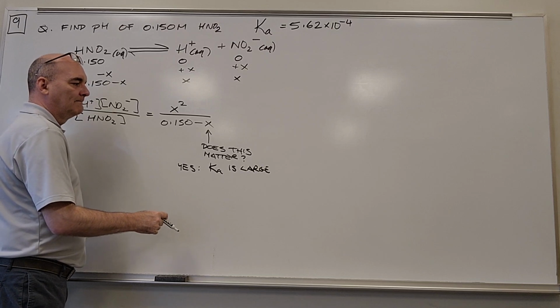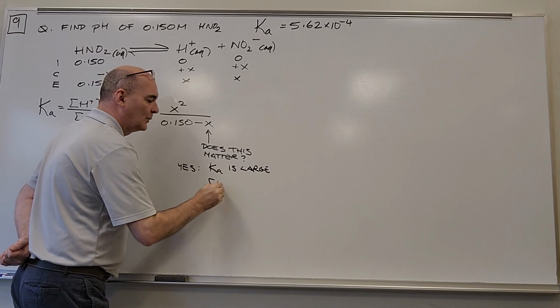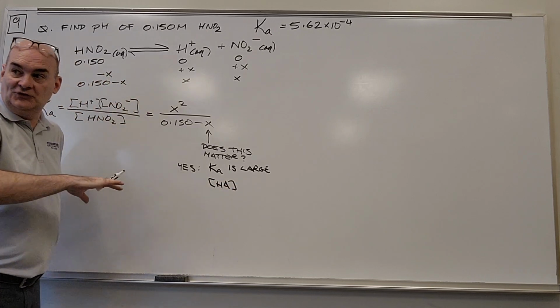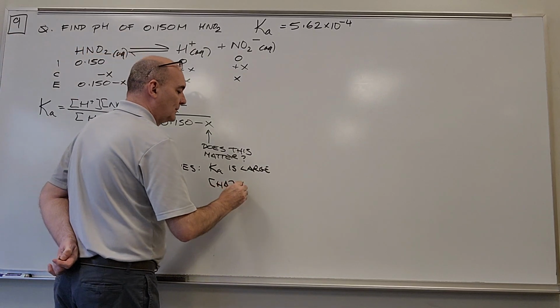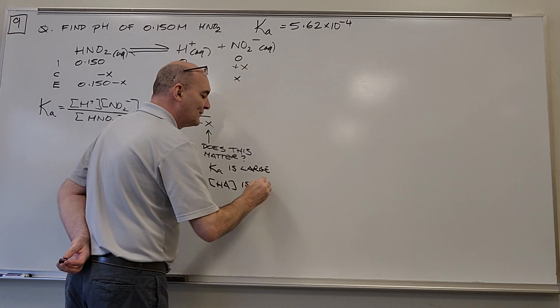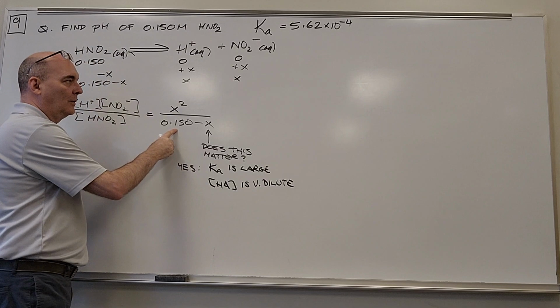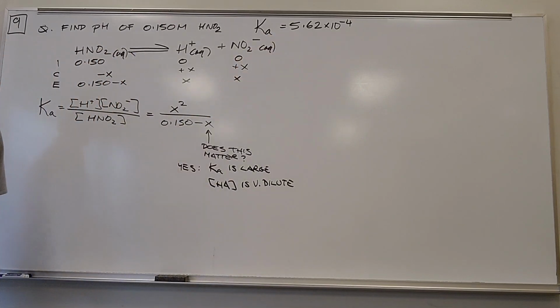When the concentration of your weak acid is small. When the concentration of our generic HA, just generic weak acid, is large, we don't care. When it's very dilute, so when this number is small and that number is big, then it has an impact. Right now, I'm going to say, let it go.